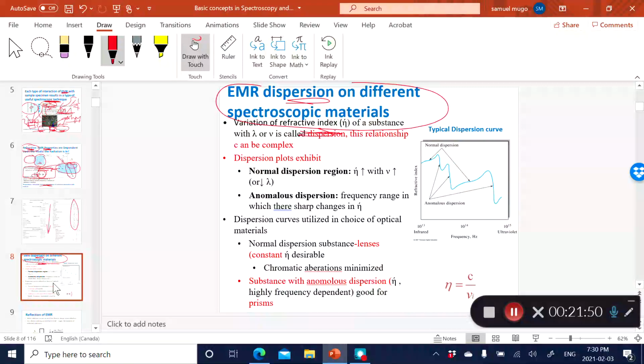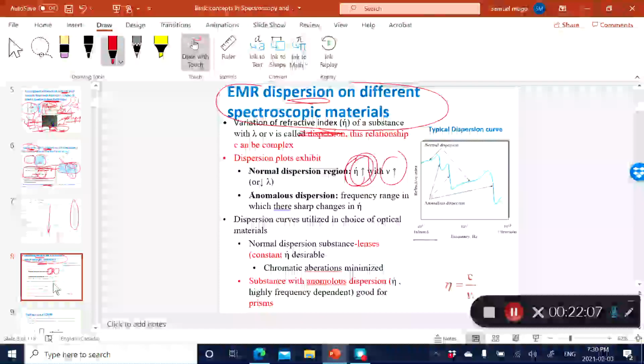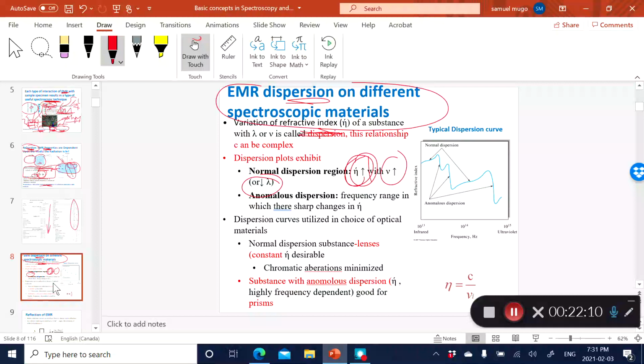Now, there are two types of dispersion. When you shine light onto an object, as the refractive index increases, you get an increase in the frequency of the light, or a decrease in the wavelength.